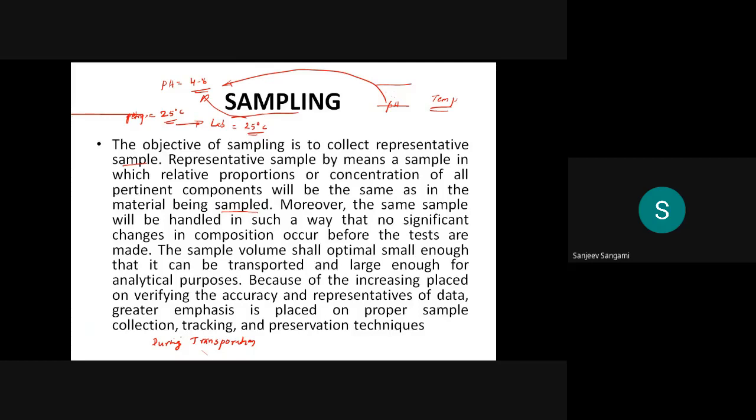Before the test, the characteristics should remain the same. So you have to preserve the sample; if the temperature is 35 degrees centigrade during transportation, you have to maintain it well.